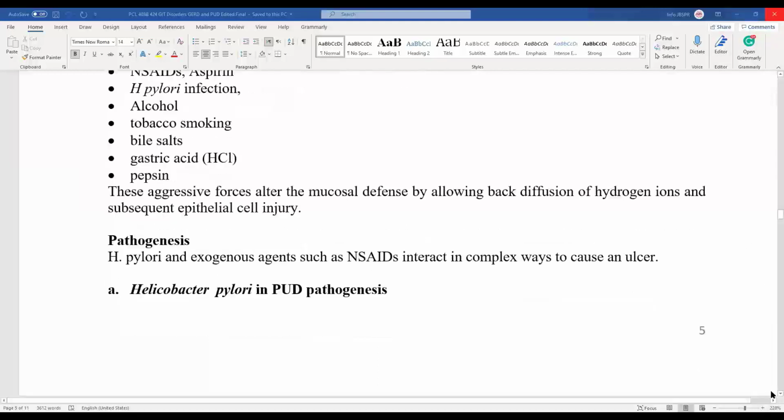So we want to talk about pathogenesis involving the H. pylori. H. pylori is endogenous in the system, but the NSAID, we can call them exogenous agent, but eventually it's when we take them and they get into the system that they now cause problem. And there's a sort of complex interaction between these two, that is the NSAID and H. pylori, to cause ulcer.